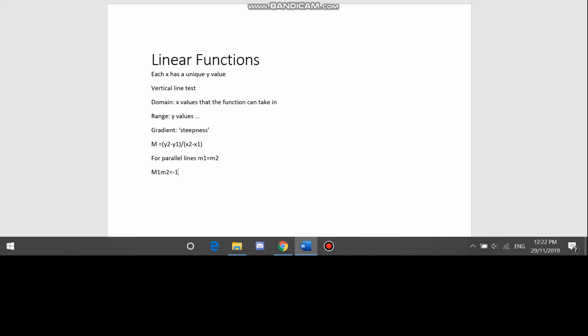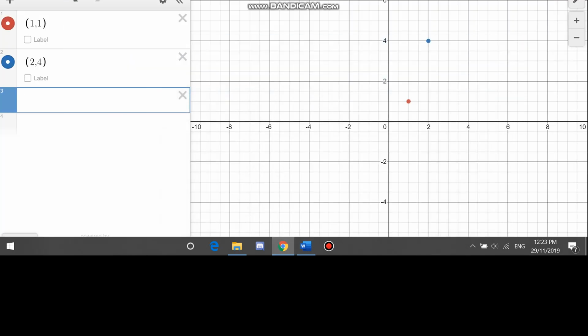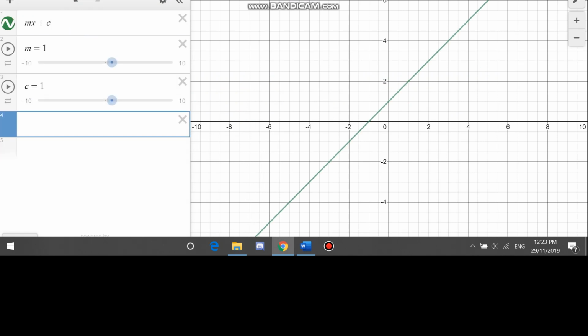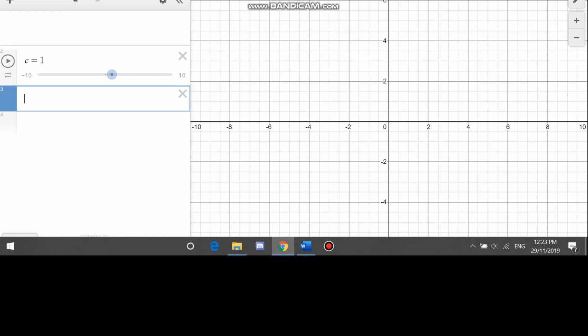So a linear function is in the form of y, or f of x, equals mx plus c. And just to show it here, mx plus c. Okay, so in its general form, just going to get rid of this for now.